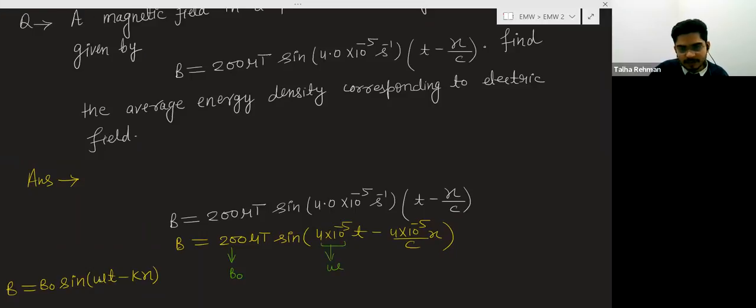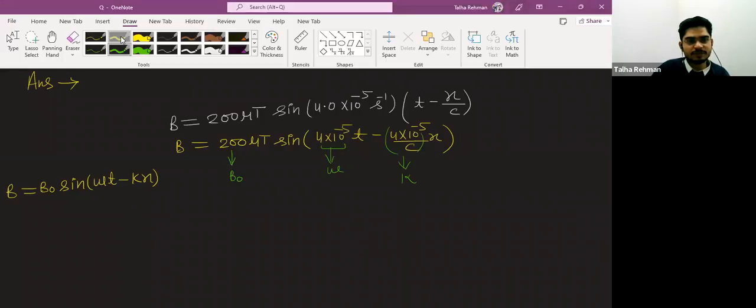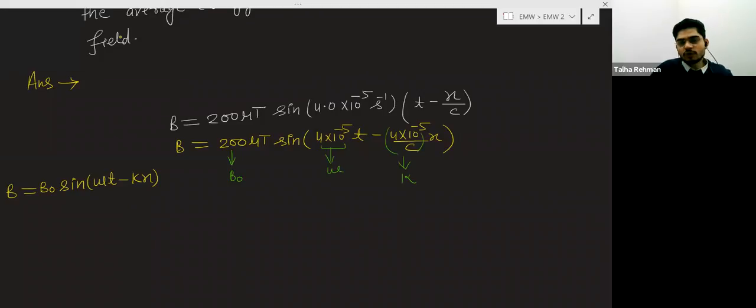What is k? The value with x is k. Now we can solve it very easily. We have the peak value of the magnetic field, we have omega, we have k.